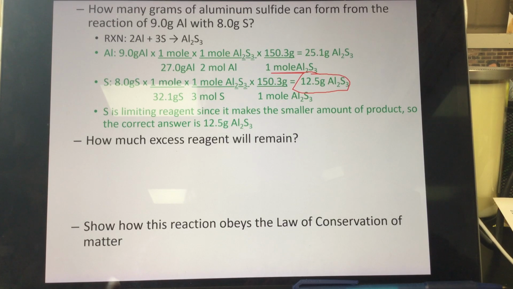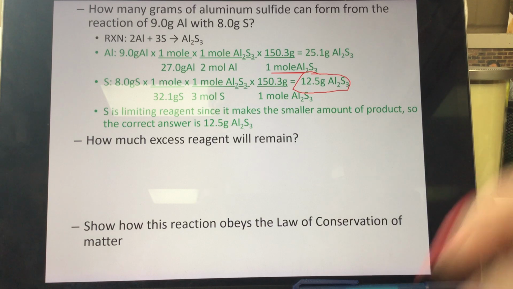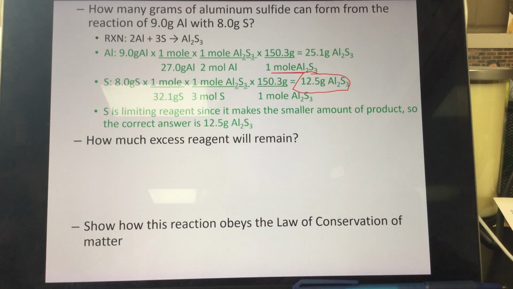Okay. Now you may be thinking, well, that's super easy because obviously 8 grams is smaller than 9 grams. That may be so, but that doesn't indicate that that's going to be our limiting reagent. You can't just look at 8 smaller than 9, so 8 must be our limiting reagent. Because again, you're comparing apples to oranges.